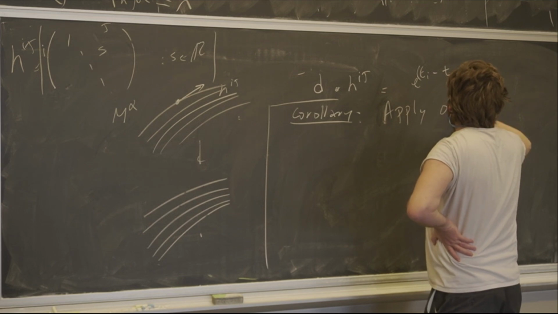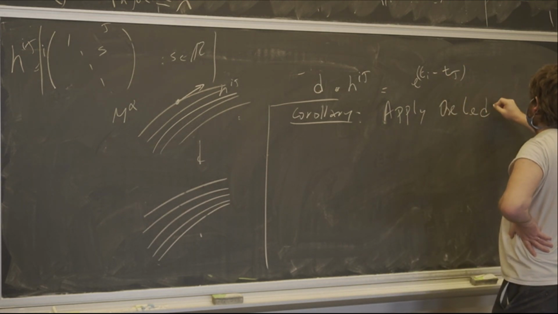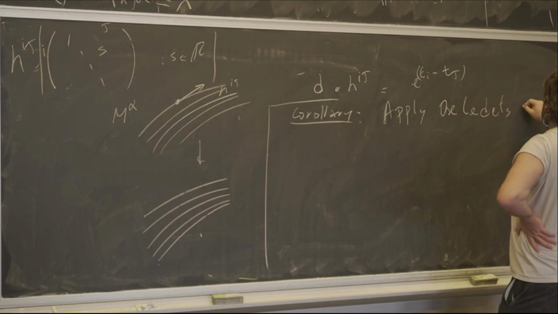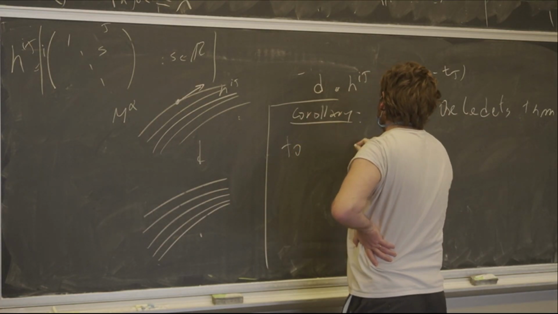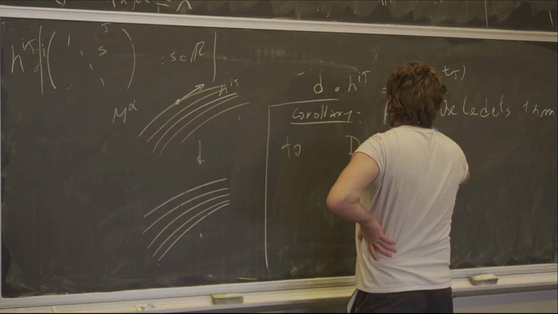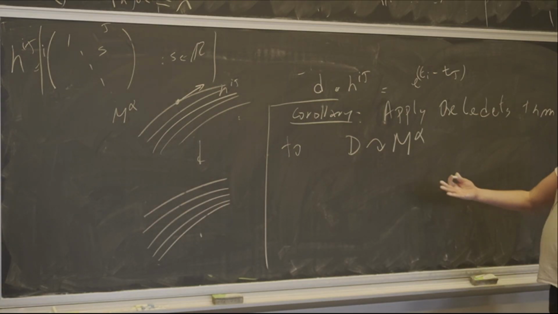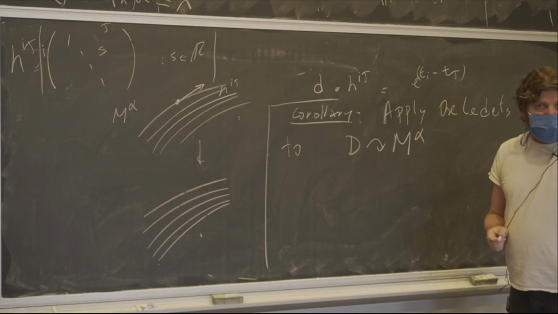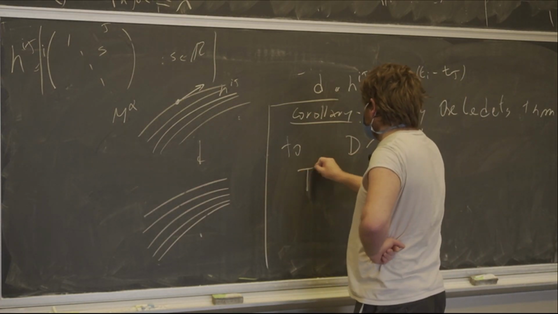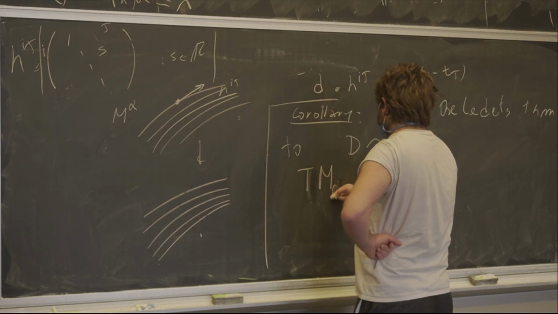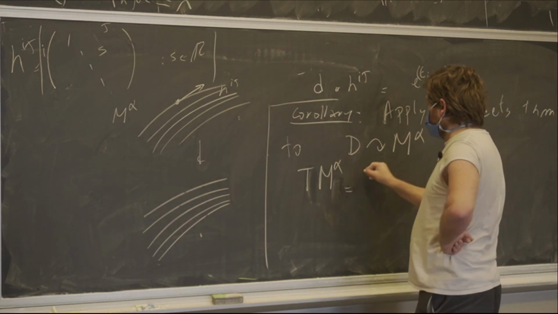Apply Oseledets theorem to this action of R^(n-1) on M alpha, and we have a coarse Lyapunov decomposition.